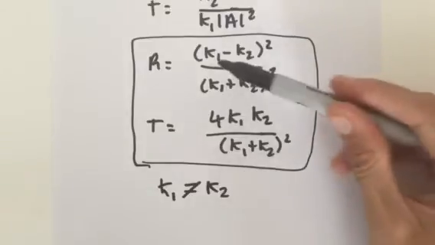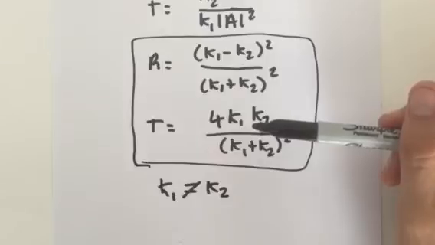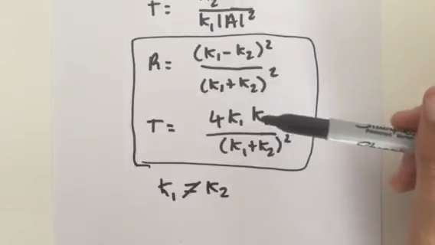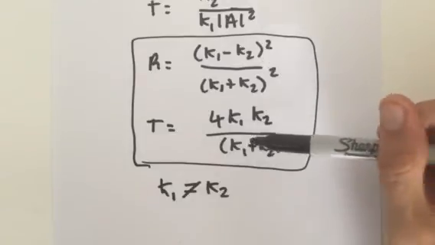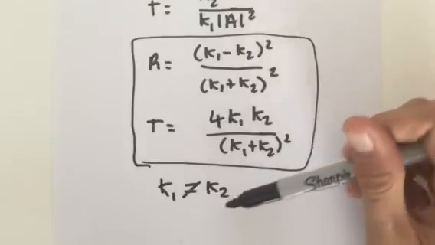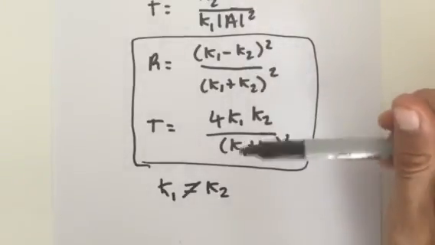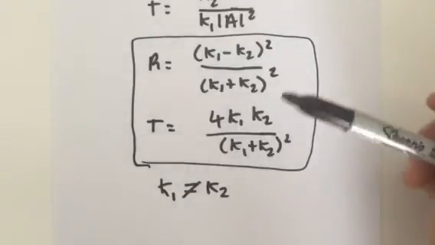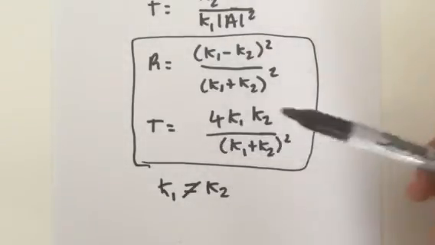If they are equal, of course, that becomes 0 and reflection will be 0. Note that as k1 goes to k2, R goes to 0 and T goes to 1, which is what you would expect: reflection is 0, transmission is 1, 100%.